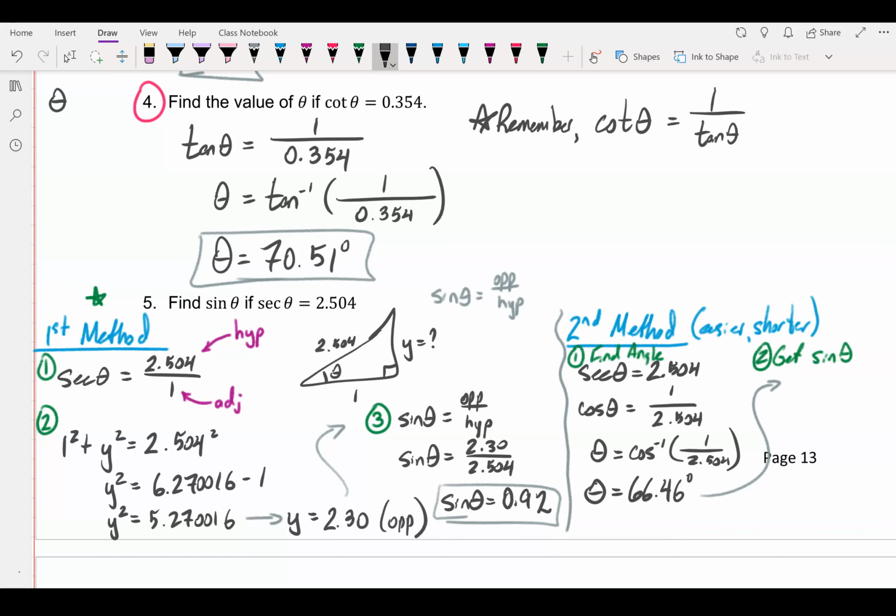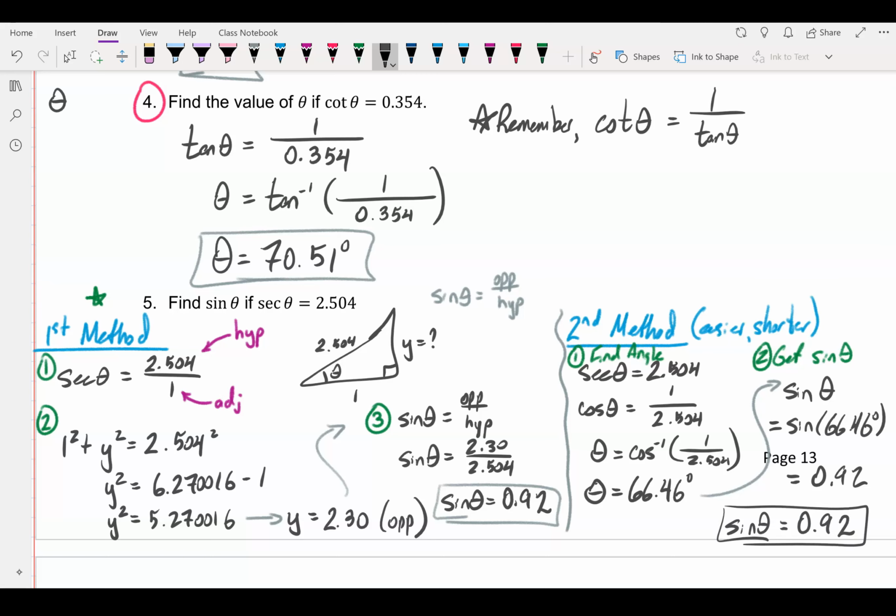So I'll just take sine of the angle. Our angle is 66.46. So that means it must be 0.92. That's what that evaluates out to. So long story short, sine of theta must be 0.92.